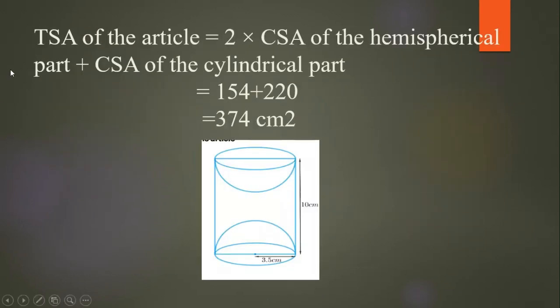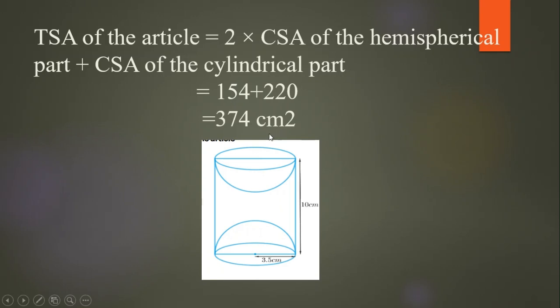So the total surface area of the article is 2 into curved surface area of the hemispherical part plus curved surface area of the cylindrical part. I have added: 154 plus 220, that is nothing but 374 square centimeters.